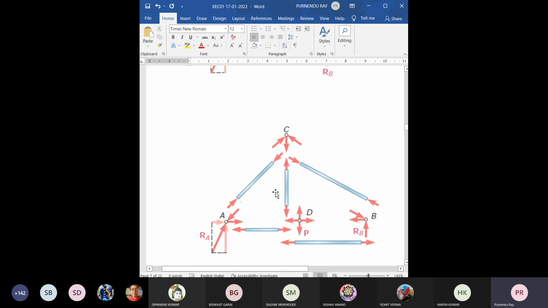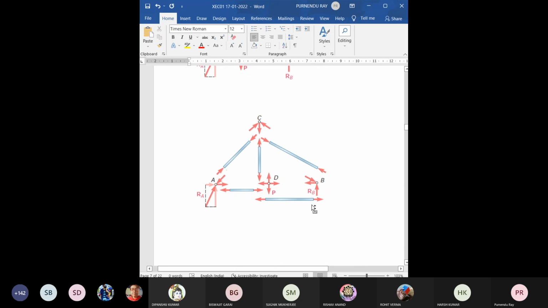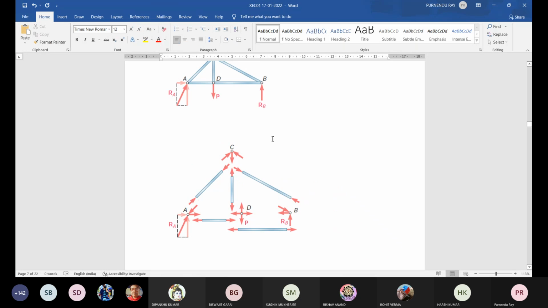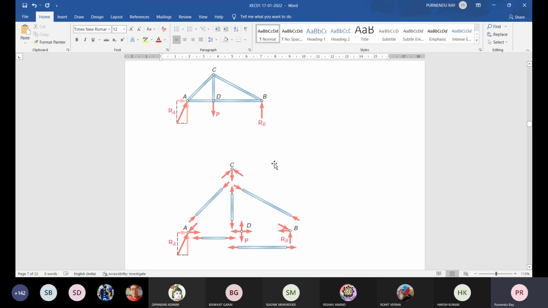Now, next thing, the individual members. Is it okay? Can you see both the diagrams? The overall connected members, applied force, its supports, and here are the individual members and individual joints.